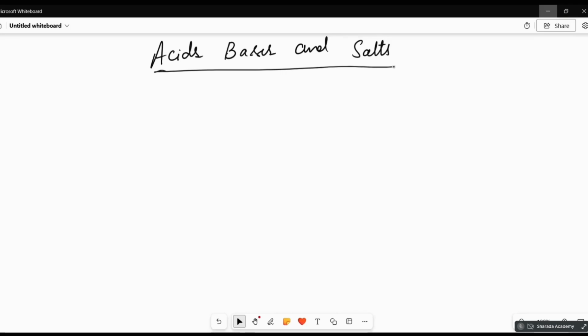And what is the basic difference between an acid and a base? Why do we call a compound an acid? The pH value is one way to find out. If the pH value is less than 7, then it is an acid.